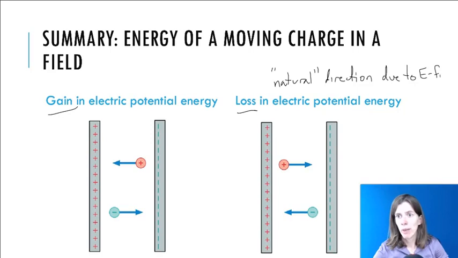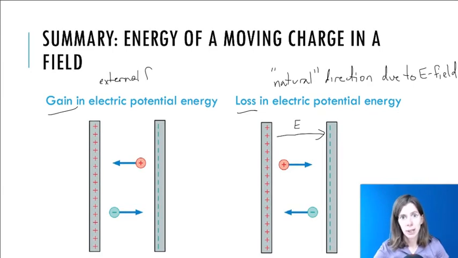So we know that the electric field points to the right, and a positive charge always moves in the direction of the field, and a negative charge always moves in the direction opposite the field. So the natural direction, there's a loss, and there's got to be some kind of external force here in the picture on the left in order for the charges to move the opposite way. And that's when you're doing external work on these charges and increasing the potential energy.